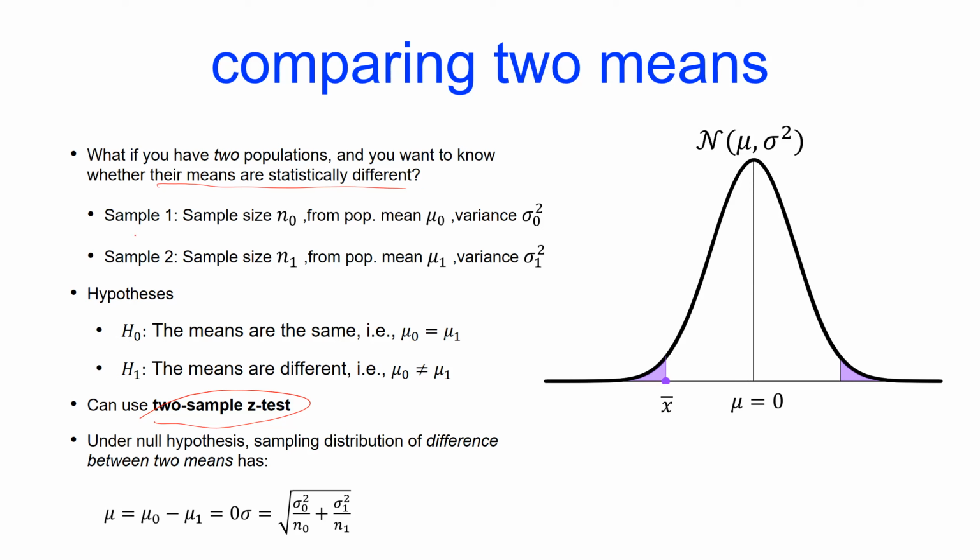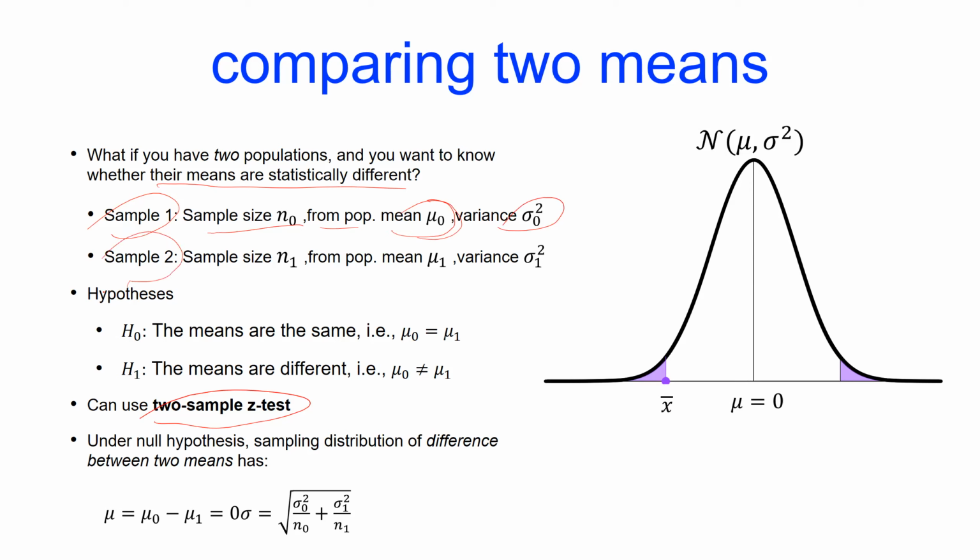So basically, we take one sample, which has sample size n0, from one population with a mean of mu0 and variance of sigma 0 squared.